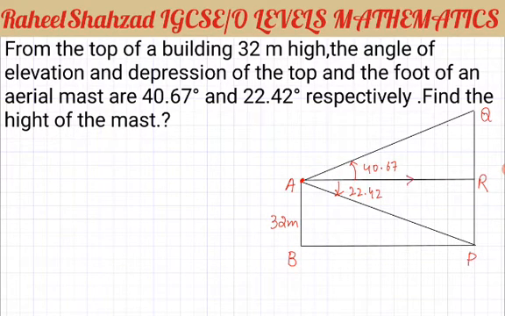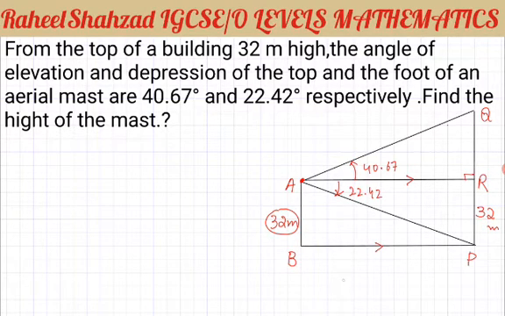And we know that whenever we observe any object that is above our level, it makes angle of elevation. So this is 40.67, that is angle of elevation, and 22.42, that is angle of depression when we observe the foot of this tower. As given that this is 32, so obviously this is going to be 32 meter, okay?